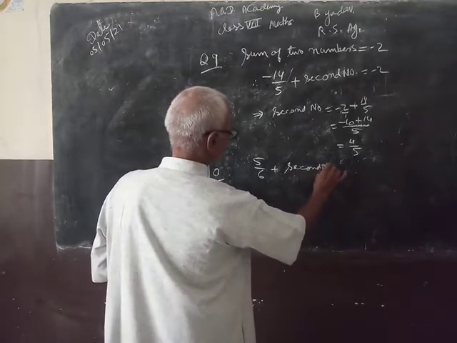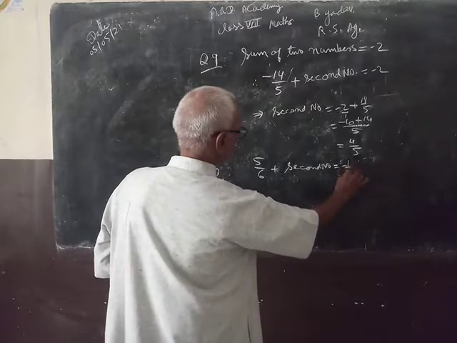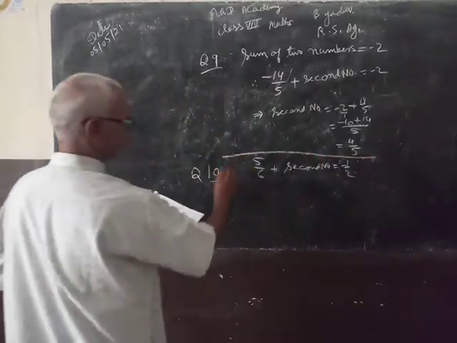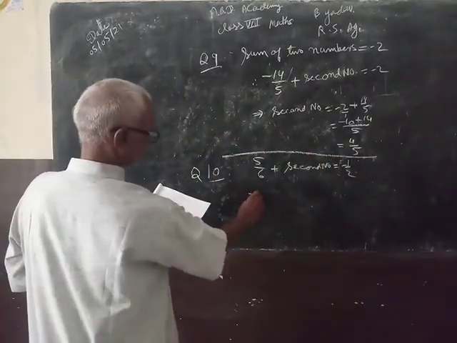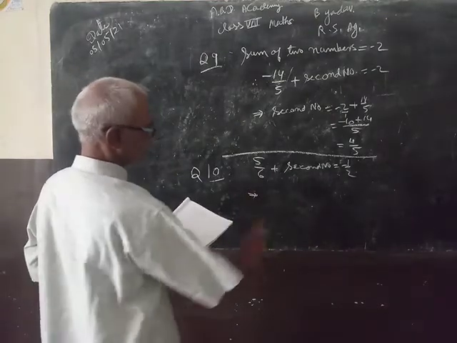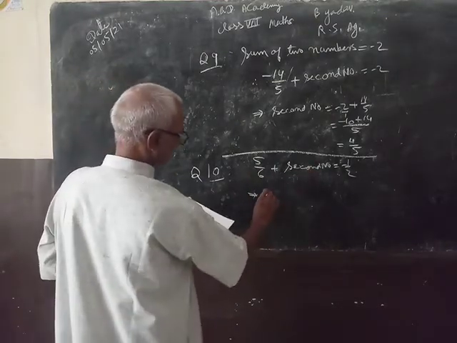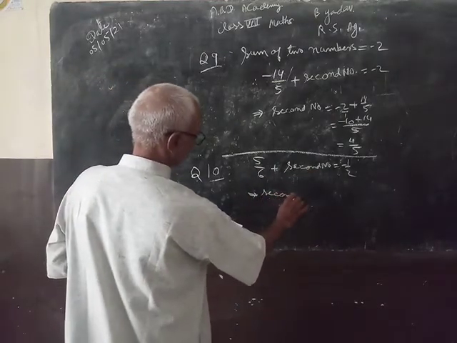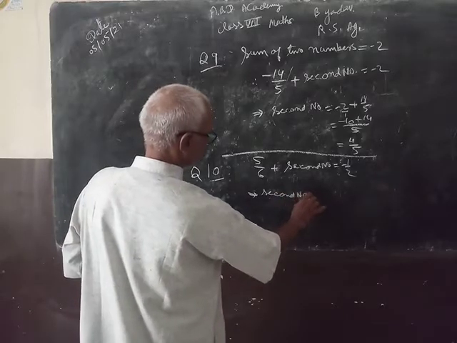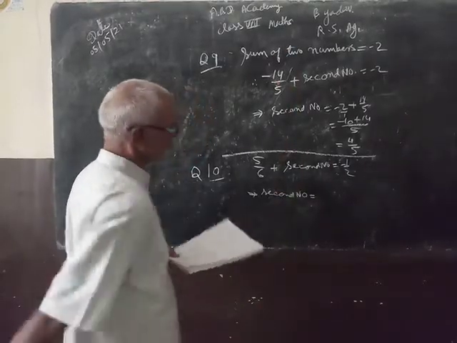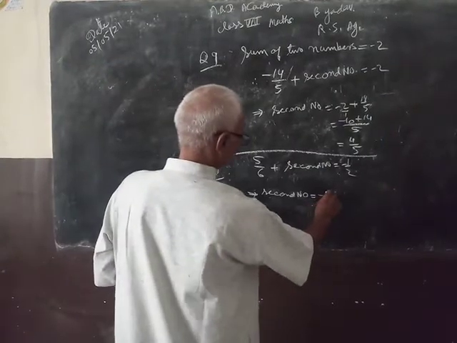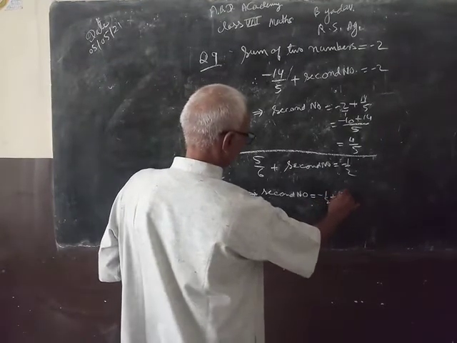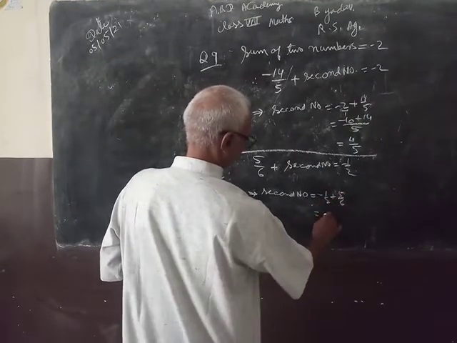Second number is equal to minus half. In the same way, bring minus 5 by 6 to that side, therefore second number, I am doing it in short, you will write in that way: minus half plus 5 by 6.